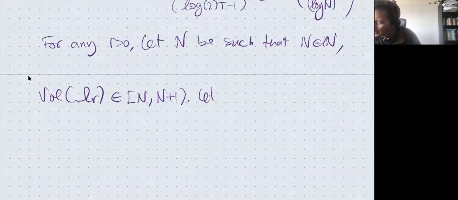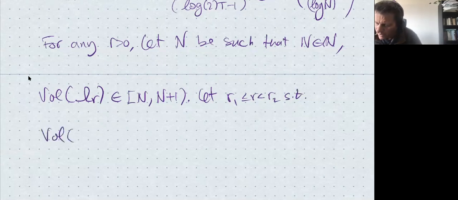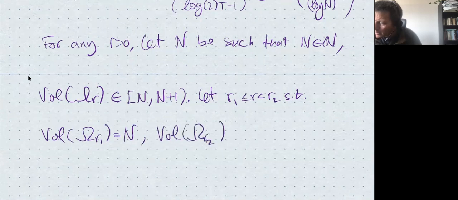And let's let R1 and R2 be such that the volume of omega R1 is n, and the volume of omega R2 is n plus 1.